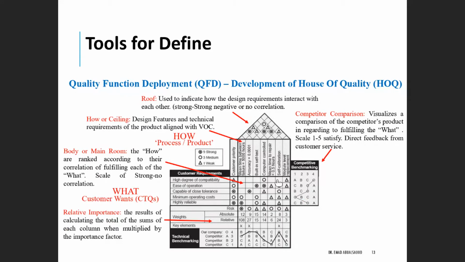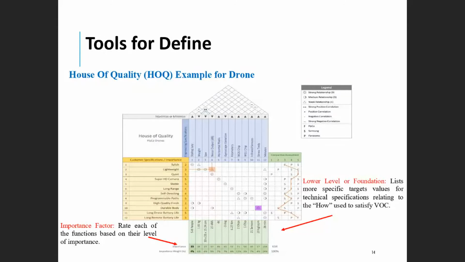You can have unequal numbers, and this really depends on your customer requirements. Sometimes a requirement will need more than one design feature or element, and sometimes 2 requirements from the customer will match 1 technical requirement.